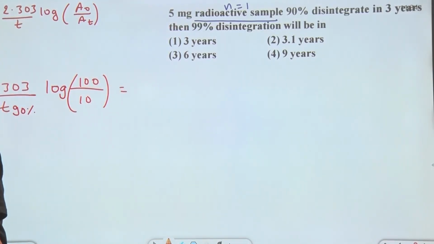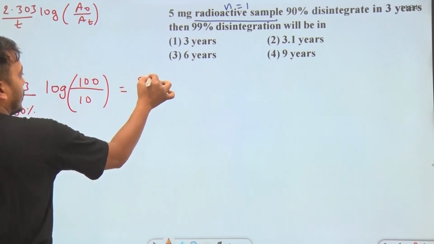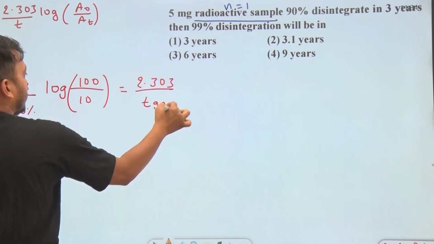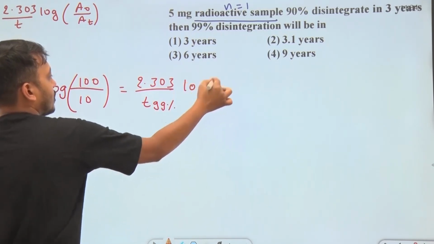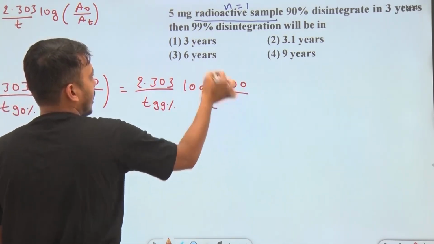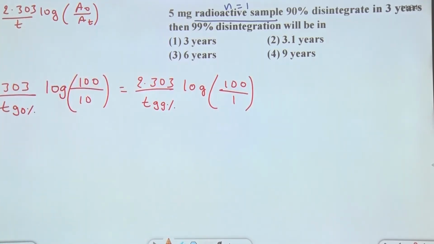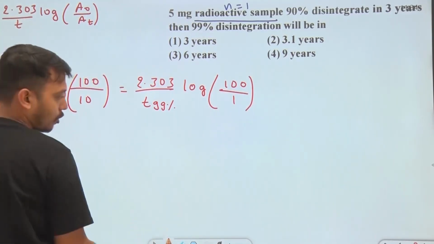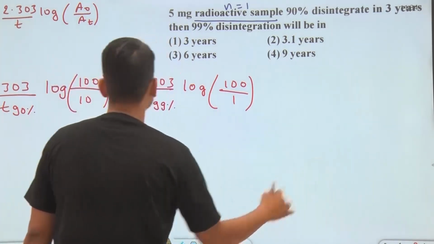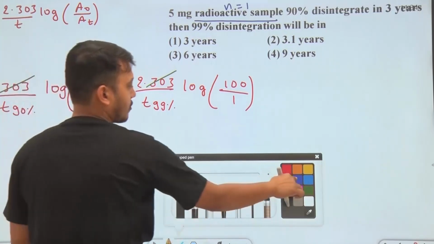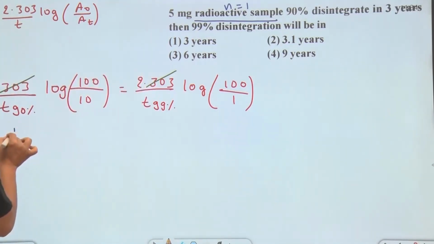Now this is equal to, for T 99%, 2.303 by T 99% log of, suppose initially it is 100% and after 99% disintegration it will remain 1. Now put the values and cancel out the common terms. The common term is 2.303. Now the rest of the values: T 90% is basically 3 years, given.